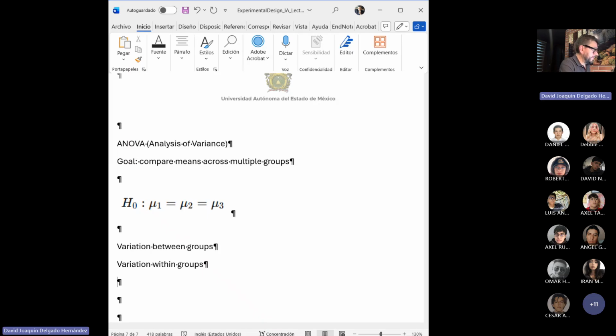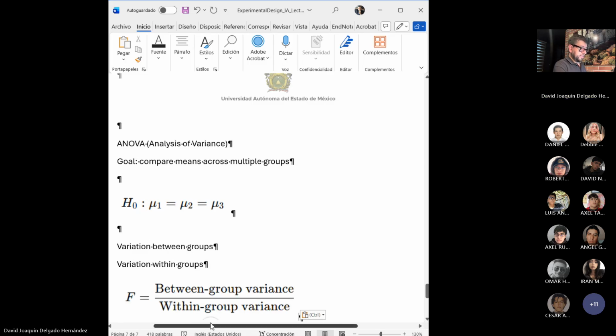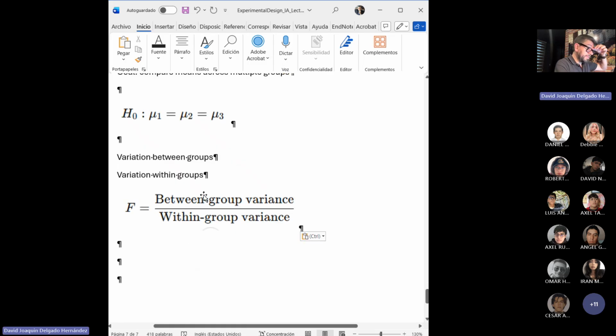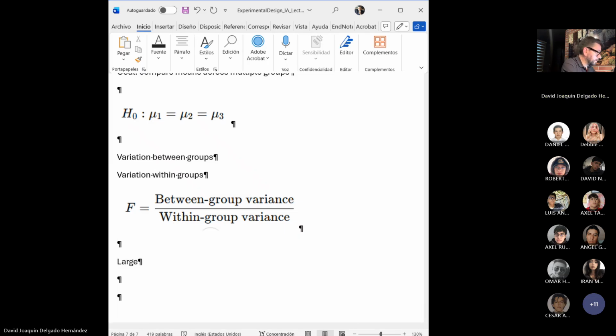And there is a statistic which is called F, from Fisher. So you divide the variation between groups by the within-group variance, and if you have a large value of F, that means that there is a real effect.